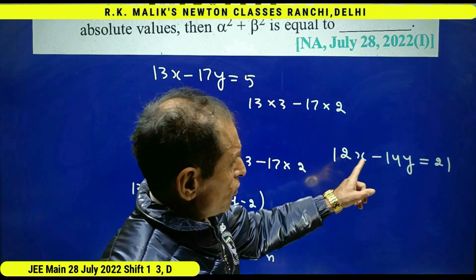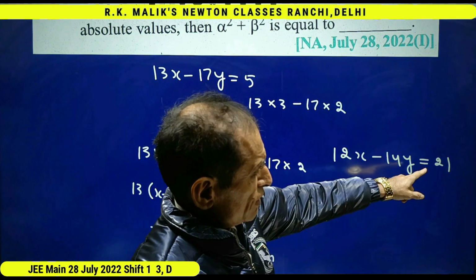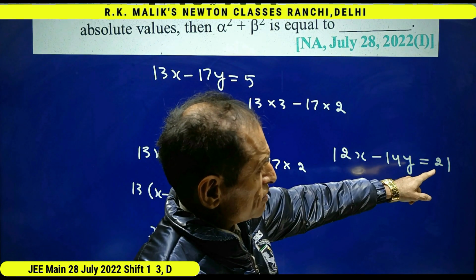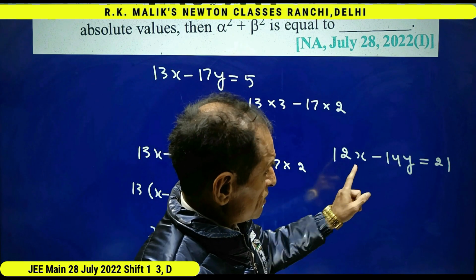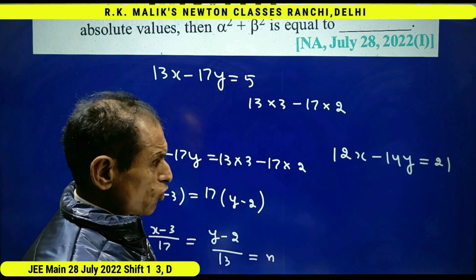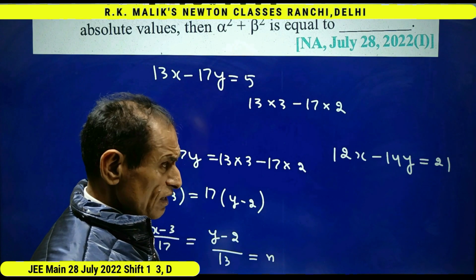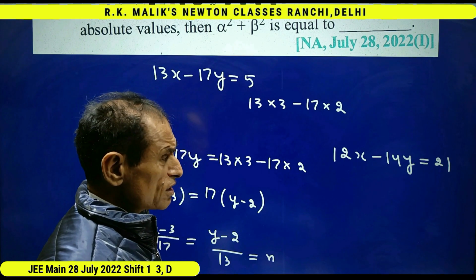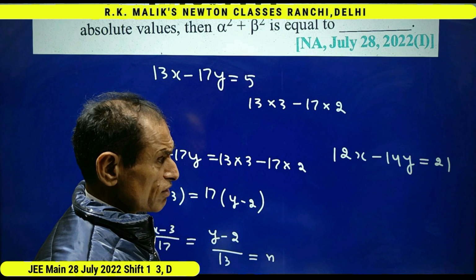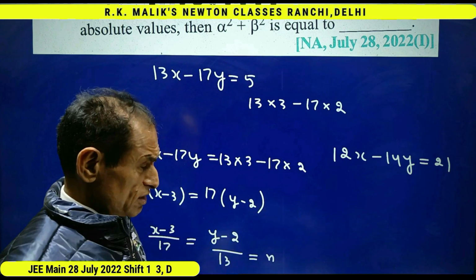Clearly the HCF of these two numbers is 2 and 2 doesn't divide the constant term, hence this equation is not solvable in integers. That is, there is no integer value of x and y which can satisfy this.